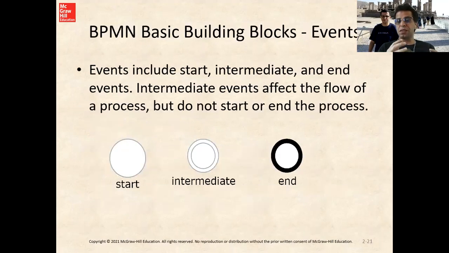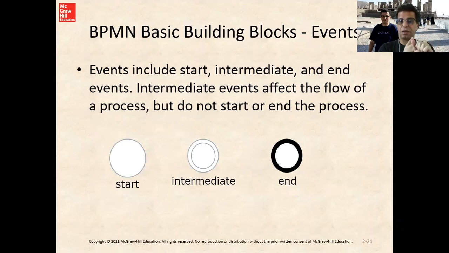So the basic building blocks, you have what you call a start, intermediate, and end event. As you see here, the start looks like this, and then the intermediate like this, and then the end. So any event includes a start, intermediate, and an end event.